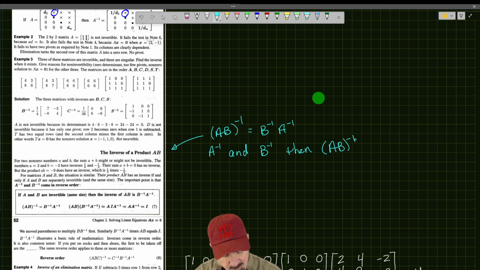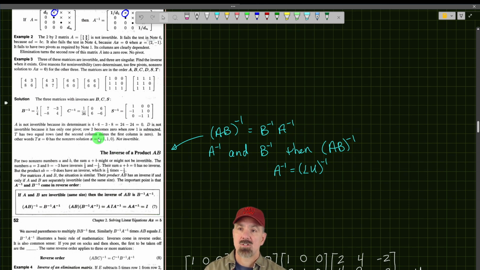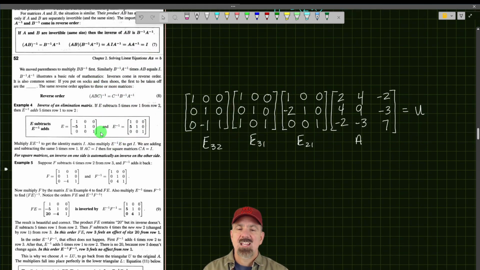So let's think for a minute. If A inverse exists, that means that L and U are both invertible, and vice versa. If L and U are both invertible, then we know that A is also invertible. And that's part of the information that goes here. And then finally on the bottom, he talks about the reverse order if we have a lot of matrices. So that feeds into the rest of the conversation about the LU decomposition.